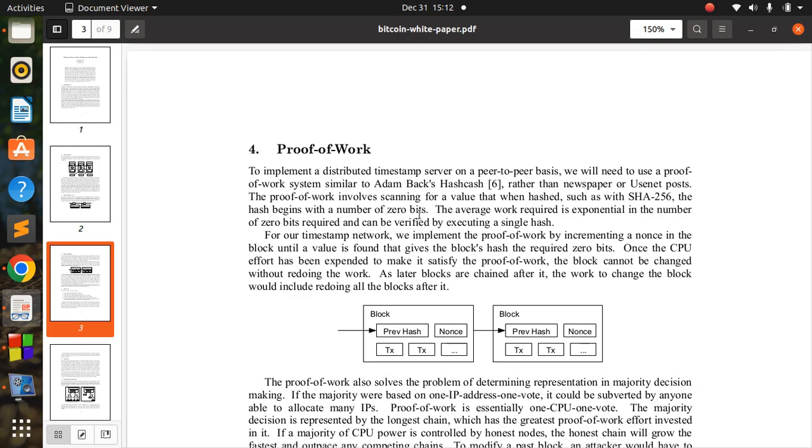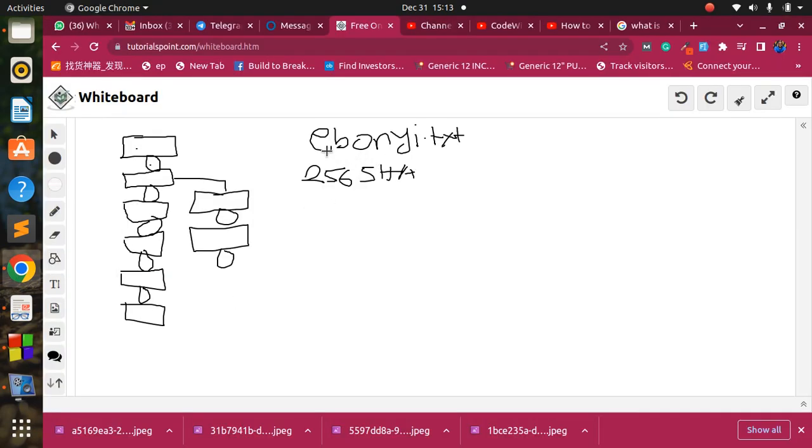Just understand it as characters. The average work required is exponential in the number of 0 bytes required and can be verified by executing a single hash. It's just trying to explain to you how the hash is being done, how the algorithm hashes it, how it turns a text like this into a longer character.